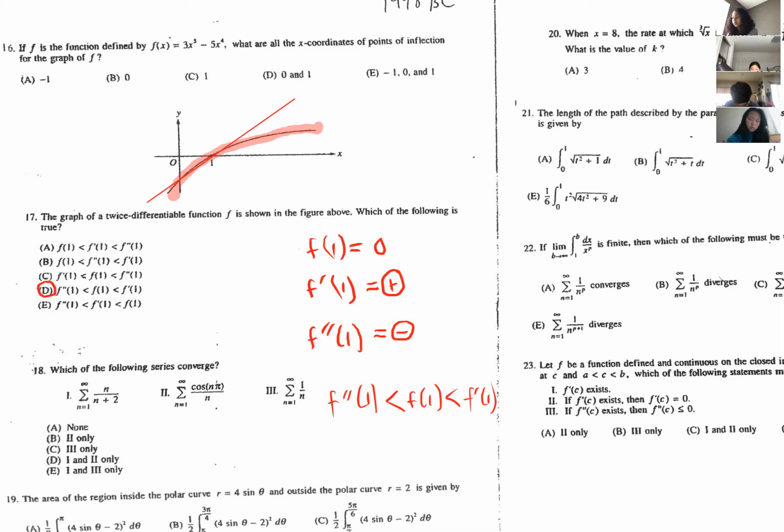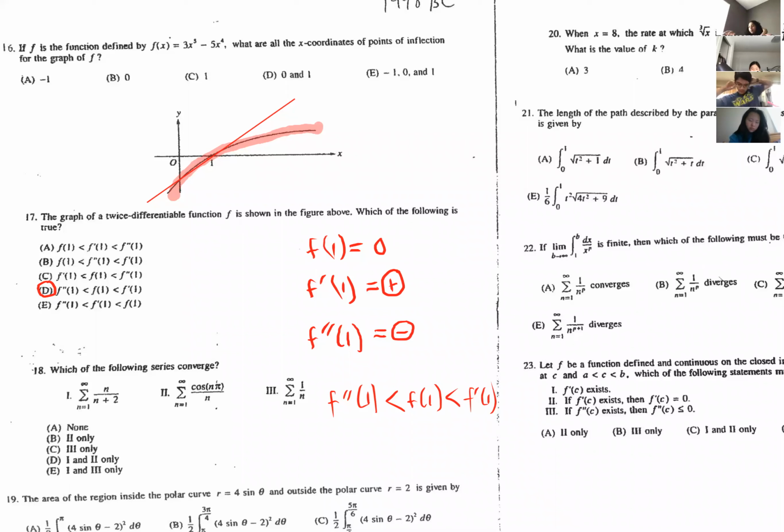Can you explain how to test the convergence for part 1 in number 18? Yes, let's look at part 1 on 18. I can probably do that and leave the work up for the other one.